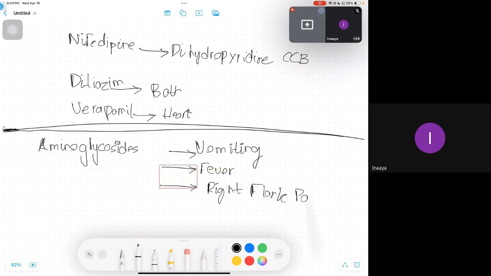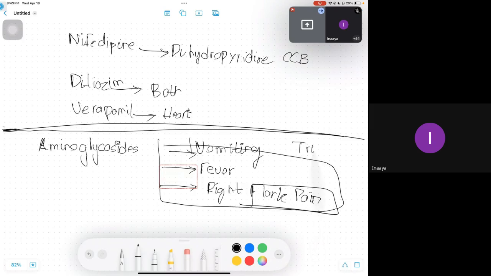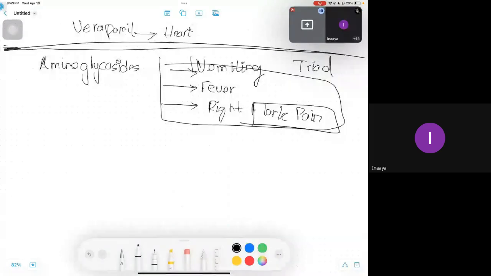Whenever there's flank pain, vomiting, and fever, this is a classic triad for pyelonephritis. Whenever you see pyelonephritis, always think of sensorineural hearing loss, because we give a lot of aminoglycosides in pyelonephritis, and that can cause sensorineural hearing loss.